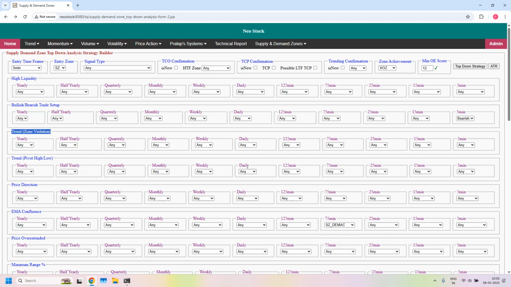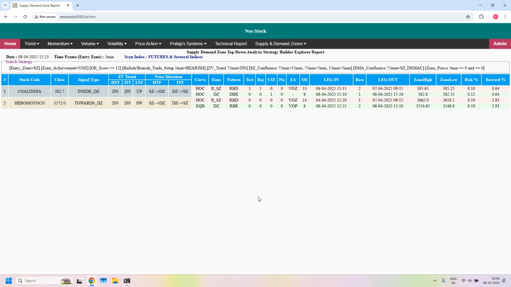At the same time, the trend on the 75 minutes should not be sideways. It should be downtrend because it is a bearish trade setup. So with these filters, we got two stocks. So these two 5 minute supply zones have higher probability of success compared to the others. So this is about a bearish trade setup for hourly income trade.